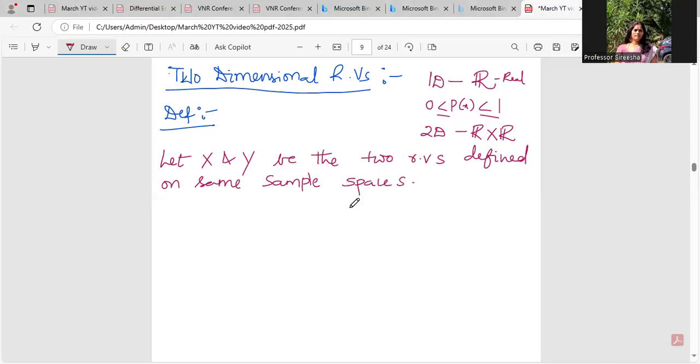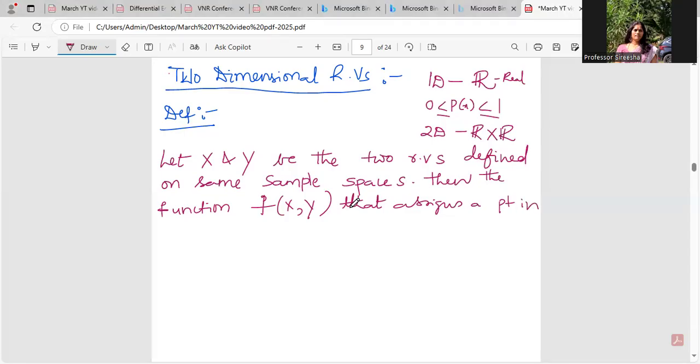Then the function f of capital X comma capital Y that assigns a point in R2, as I have said, R cross R, is called a two-dimensional random variable.